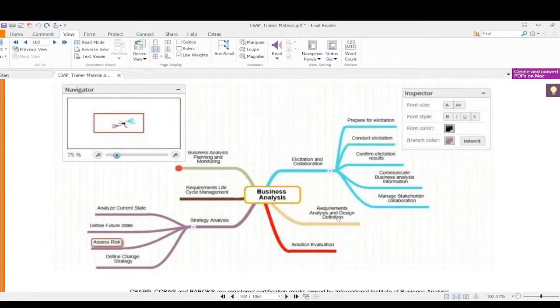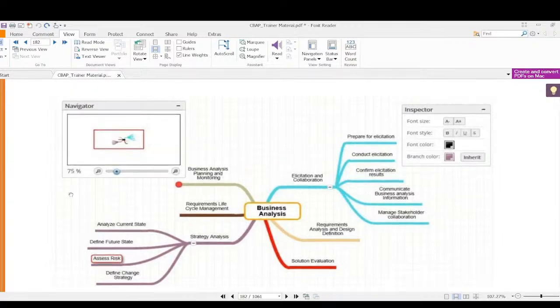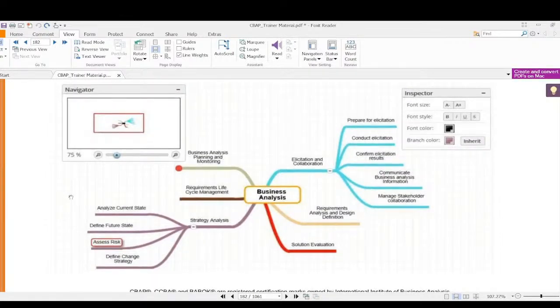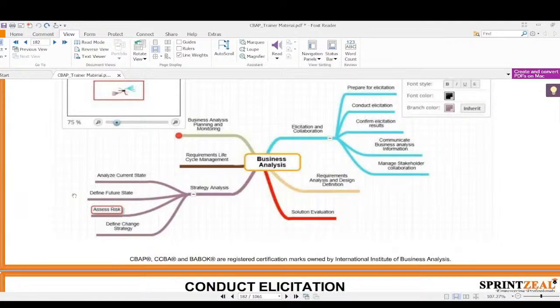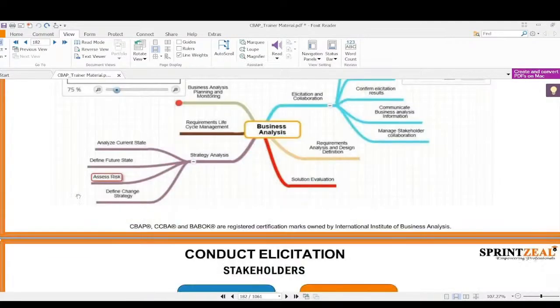And similarly, requirement analysis and design definition can again be bifurcated further. So this is mind mapping actually. You have certain tools in the market to do mind mapping. There are mind map tools that can be used to do that.